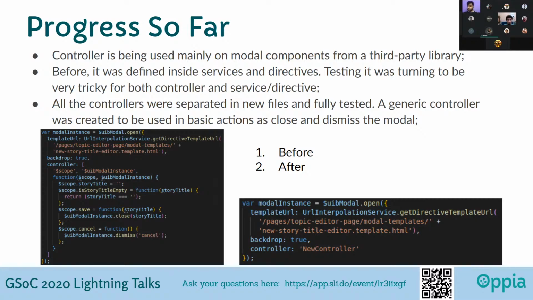So it was very tricky to test the controller itself or the service or directive. So the first task was to move all these controllers to a new file and test them to 100%. Also, a generic controller was created just for basic actions like close and dismiss the modal. Next one, please.